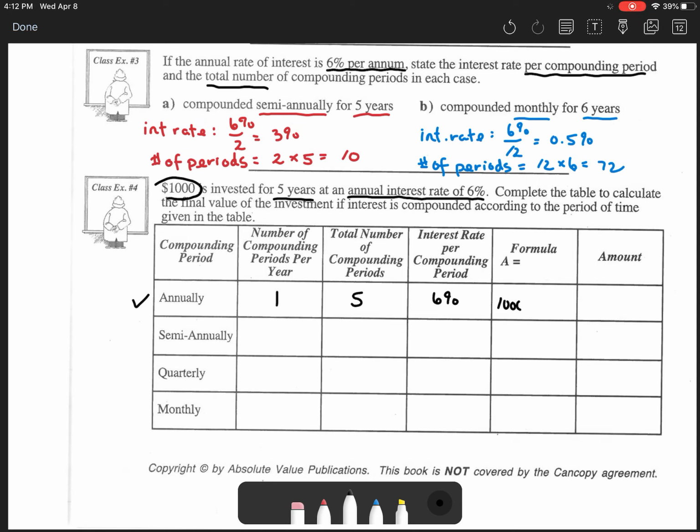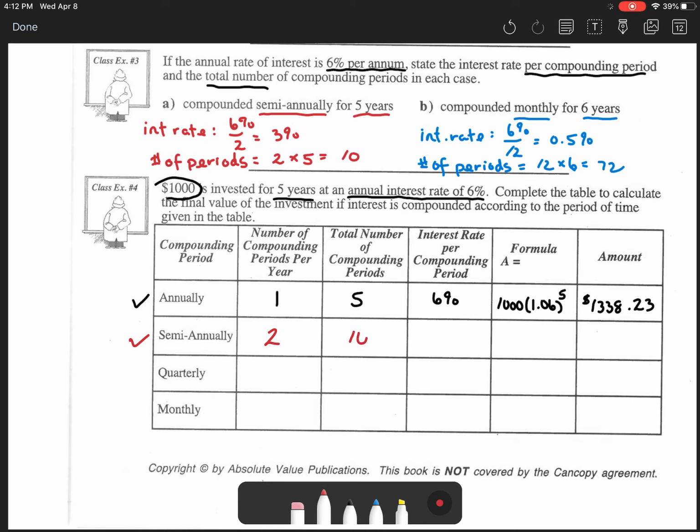So in my formula, using your compound interest formula, it's going to look like this: 1,000, there's the initial investment, 1.06, I get that by going 1 plus 0.06, and to the exponent of 5. Now, I do that calculation, so remember 1.06 to the exponent of 5 first times 1,000. This will give me a total amount of $1,338.23.